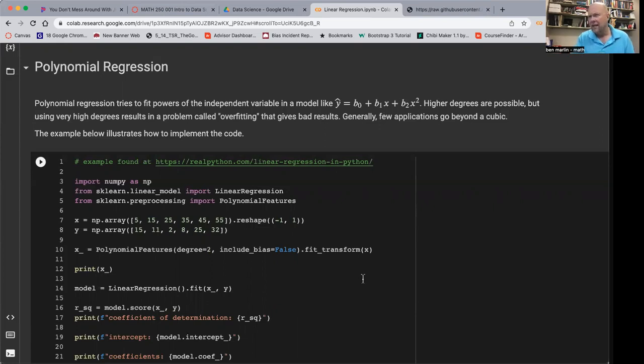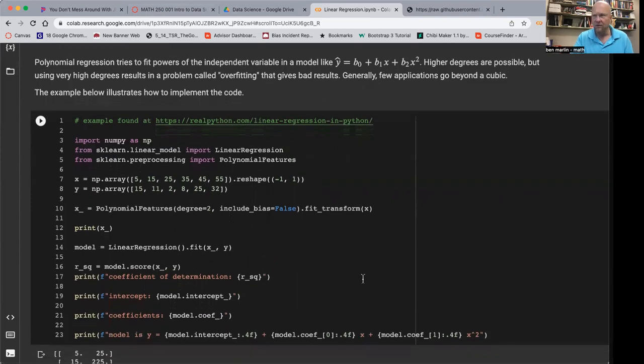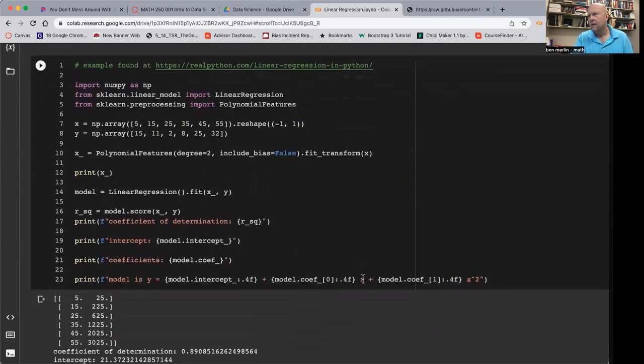All right. And it's done a little bit differently, but not that much differently. So again, the examples I'm pulling from came from the realpython.com site. Please, if you want to understand more about linear regression, go read that website.